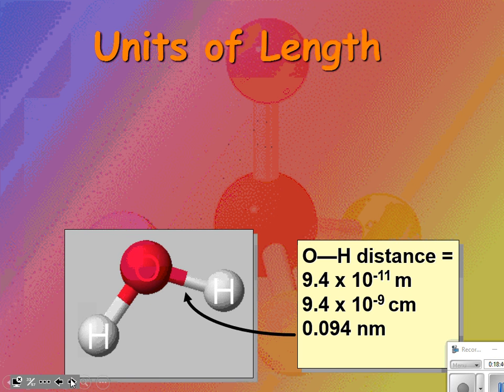Now, here's another version that I told you, when we're dealing with some very, very small figures. This one here, we're measuring the distance between the nucleus of a hydrogen and oxygen of a water molecule. So that's a pretty small measurement. Well, it's 9.4 times 10 to the 11th meters.